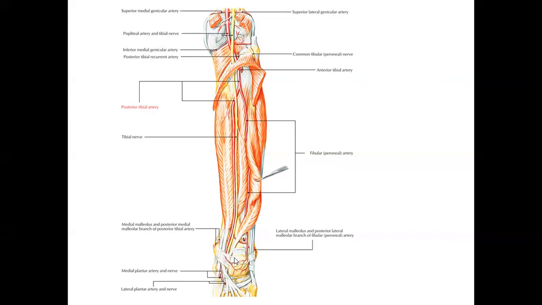It runs down and then midway between the medial malleolus and the medial tubercle of the calcaneum. Then it terminates deep to this flexor retinaculum by dividing into a larger lateral plantar artery and a smaller medial plantar artery.